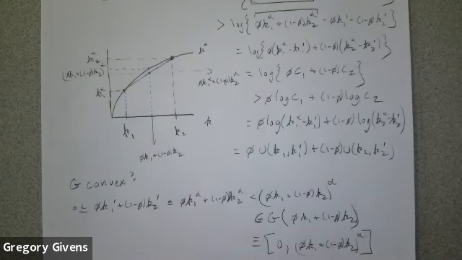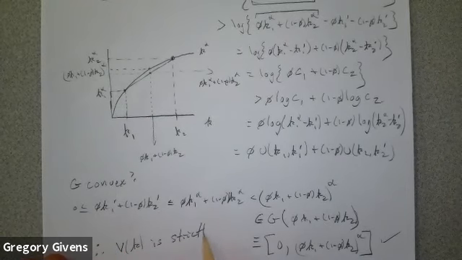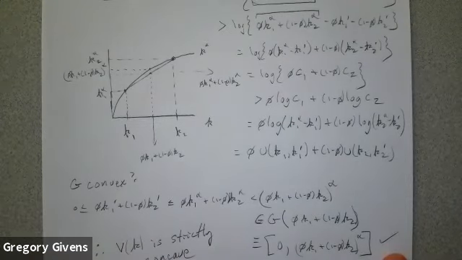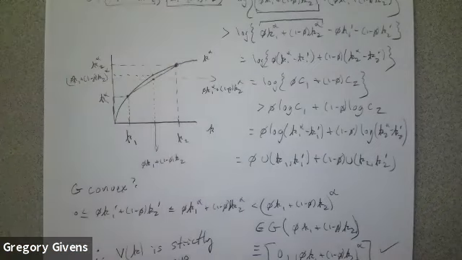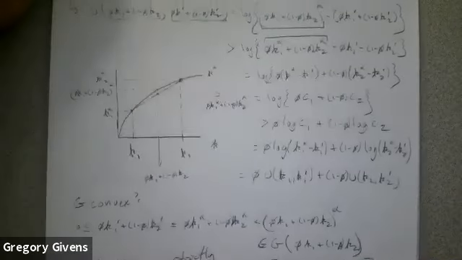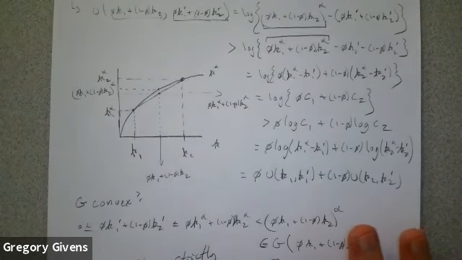So G is also convex. Therefore, V is strictly concave. And it will follow from that then that the optimal policy function, pi, is indeed a function and not a correspondence. There's going to be a unique way for the planner to pursue an optimal policy. There will not be more than one possible path that leads to the highest value for lifetime utility.